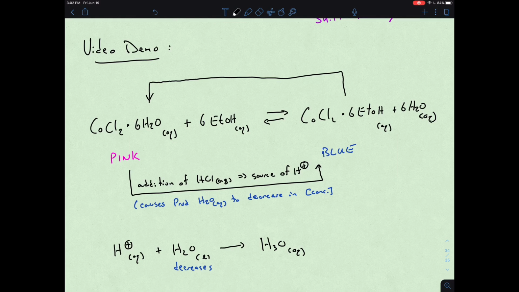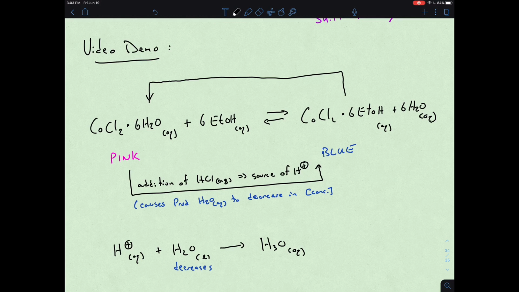Since the water is actually part of the pink cobalt chloride hexahydrate, it actually does have an effect on this particular equilibrium process. That's why I've been putting the H2O as aqueous. But I don't want us to get lost on that topic that pure liquids are not part of equilibrium constants. This one is just for the demo purposes.